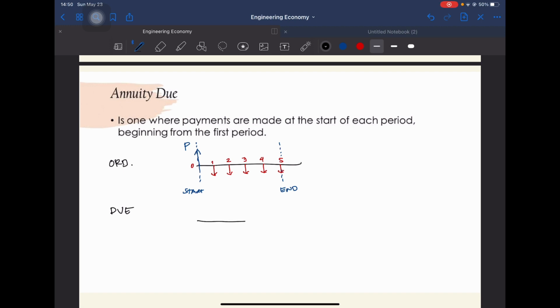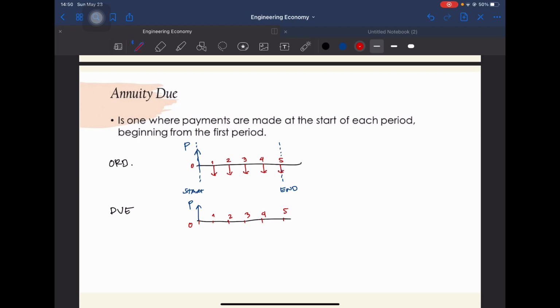Then, let's show it using annuity due. Let's say ito yung payment P. Then, you also agreed to pay for 5 equal payments, but this time, annuity due. So, ganun din. This is 0, then 1, 2, 3, 4, 5.